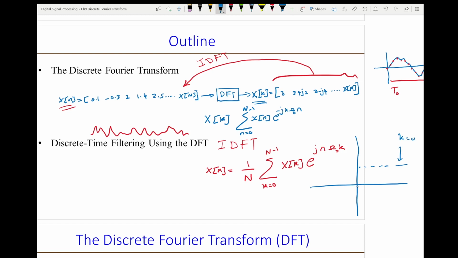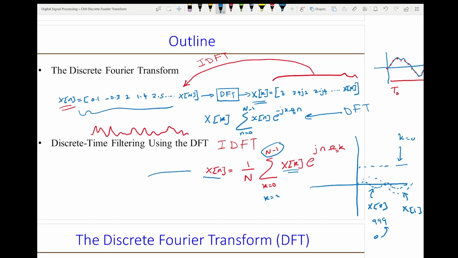When k equals 1, you have this sinusoidal, and the strength of this one will be X of 1, plus when k now is 2, you have this sinusoidal, with the strength X of 2. If N here is 1,000, then we will have up to 999. From 0 all the way to 999 sinusoidals, we add them up, and we will end up with the signal x of n, which is this. So this is the discrete Fourier transform. This is the inverse discrete Fourier transform.